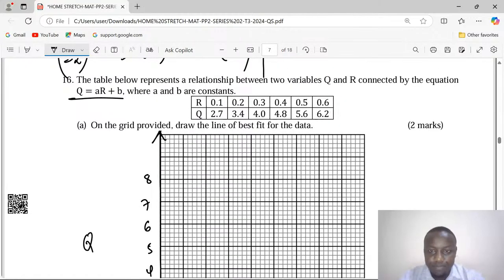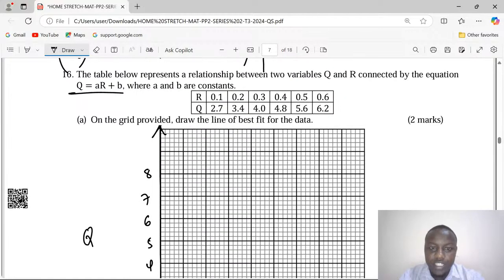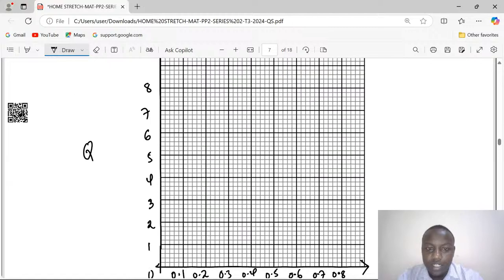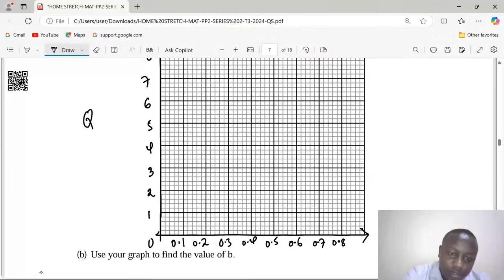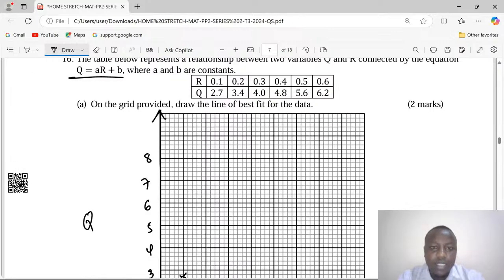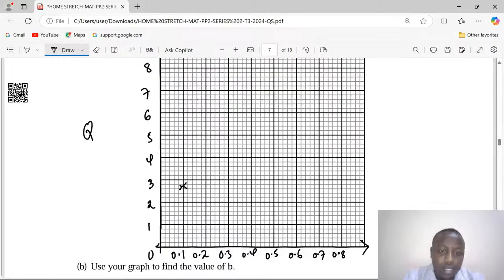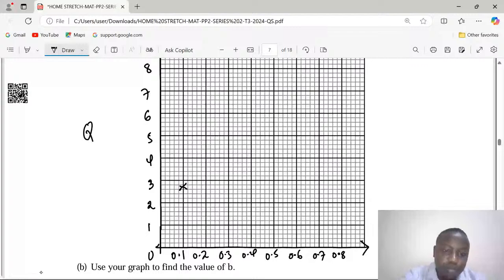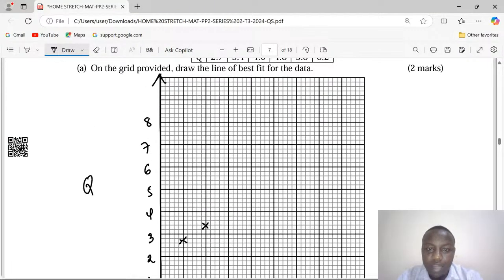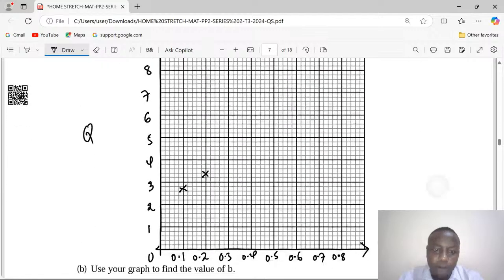Okay. The first coordinate: 0.1, 2.7. The next one, 0.2, 3.4. So 3.4 is a coordinate at that point. The other one is 0.3, 4.1 at this point.